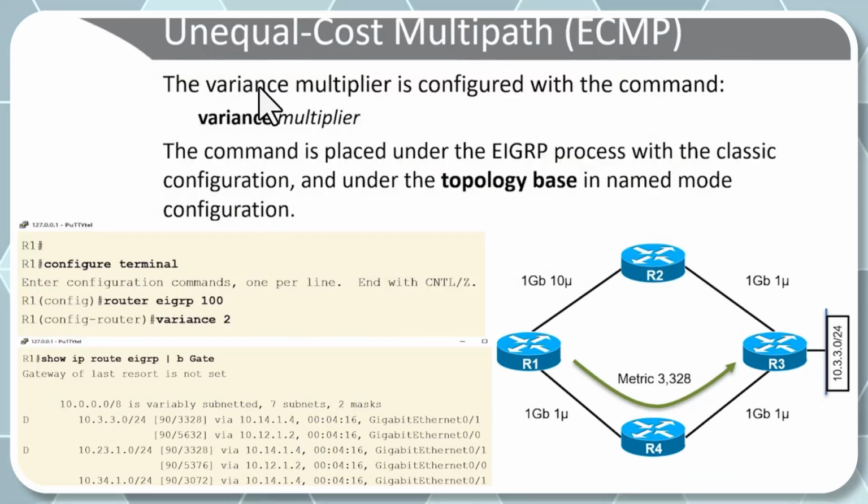The variance multiplier is configured with the command variance multiplier. The command is placed under the EIGRP process in the classic configuration, and under the topology base in the named mode configuration. For example, configure terminal, router eigrp 100, and the command we are using is variance 2.